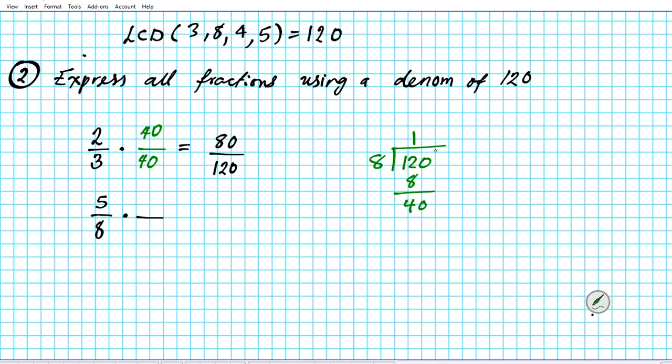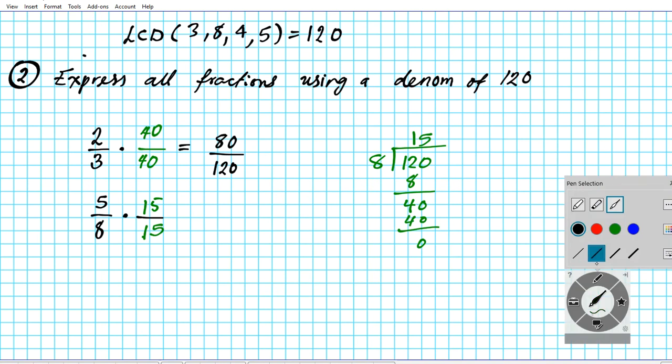Subtract, get 4. Bring down the 0. 8 goes into 40 5 times. 5 times 8, 40. 0. 15. That's the number we need. So multiply the numerator and denominator by 15. So you get the equivalent fraction whose denominator is 120. 5 times 15 is 50 plus 25, which is 75 over 120.